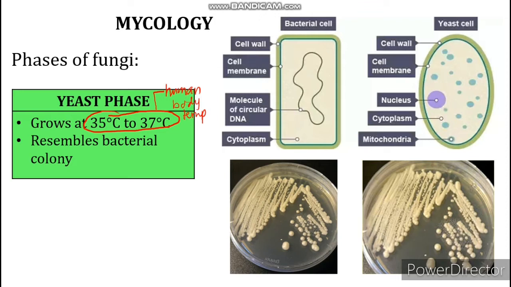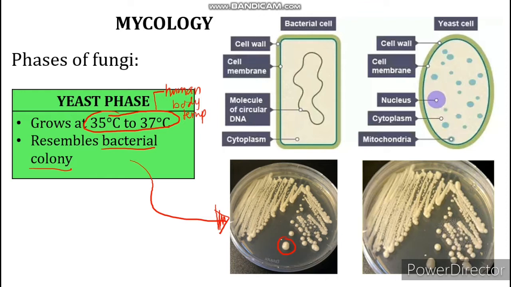Next, aside from that, take note that your yeast resembles like a bacterial colony, as you can see on the pictures shown on the screen. So makikita nyo, pag nilagay siya sa agar plate, para siyang mga bacteria na creamy yung texture. But in fact, they are yeast. So compare natin yung cell ng bacteria and yung yeast.